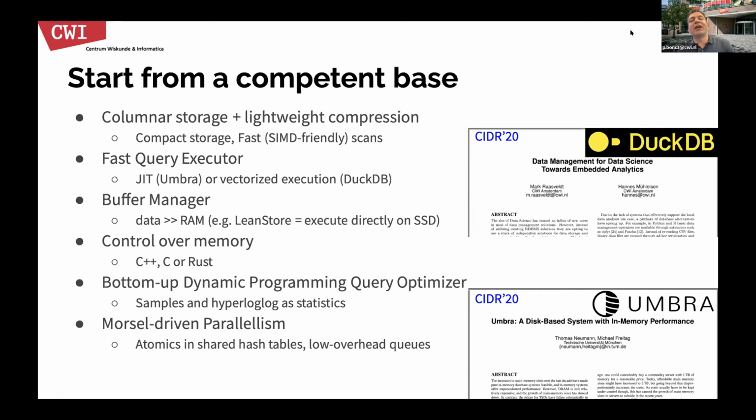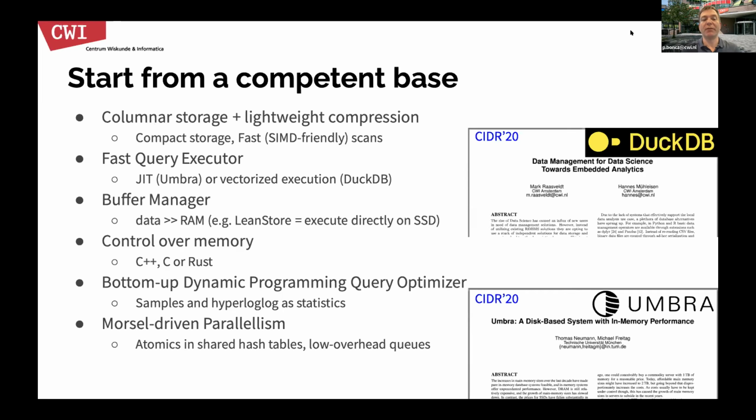And regarding query optimization, you would use a bottom-up dynamic programming query optimizer, which is the state of the art. And you would pair that with state of the art statistics provided by samples and HyperLogLogs. And you would also want to be able to profit from many cores.